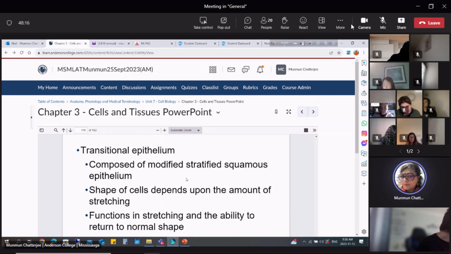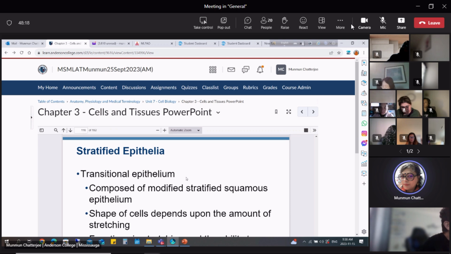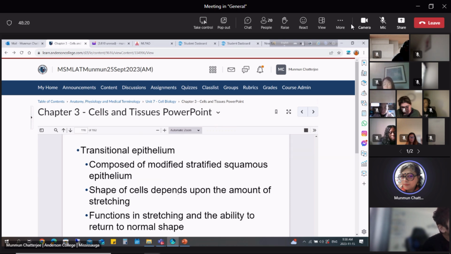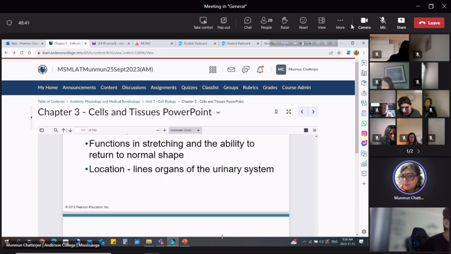The shape of the cells depends upon the amount of stretching, how much that area is getting stretched. That stretching factor determines the shape of the cells. So the function is stretching and the ability to return to normal shape.